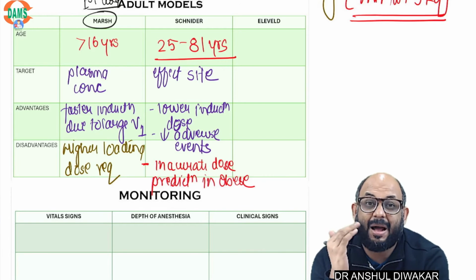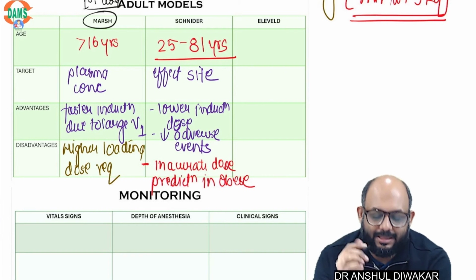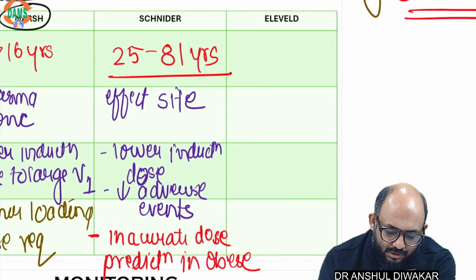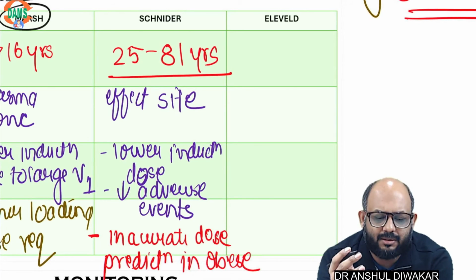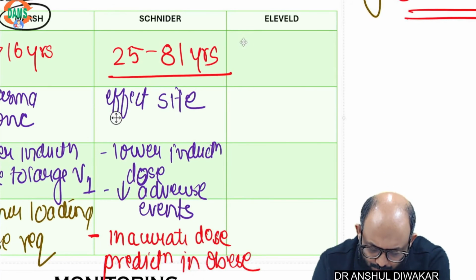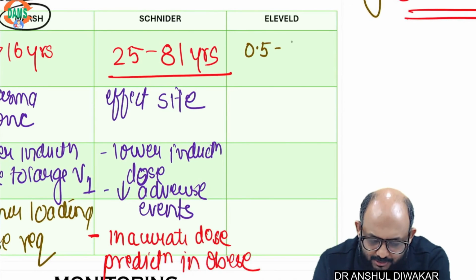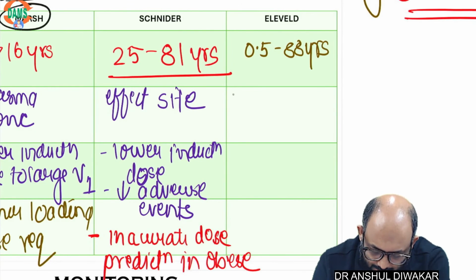And the pioneer of that was Eleveld, which used a lot of parameters, and therefore it was used for a very large subset of population, 0.5 years to 88 years. It can target both plasma as well as effect site.